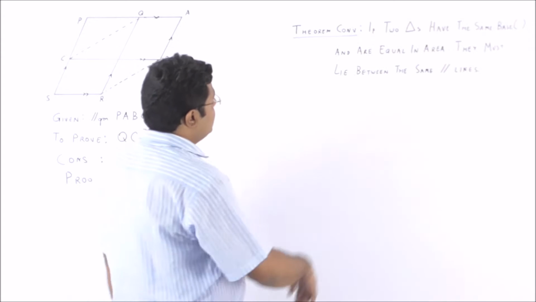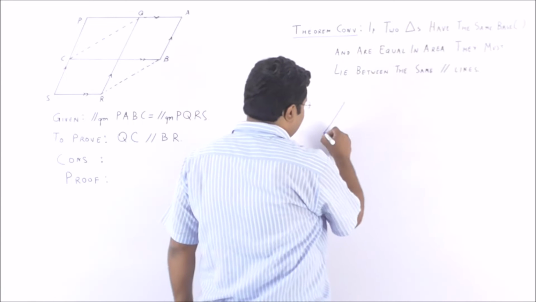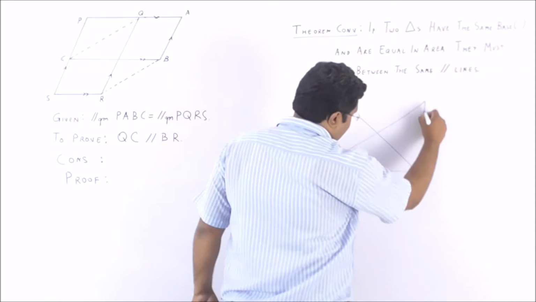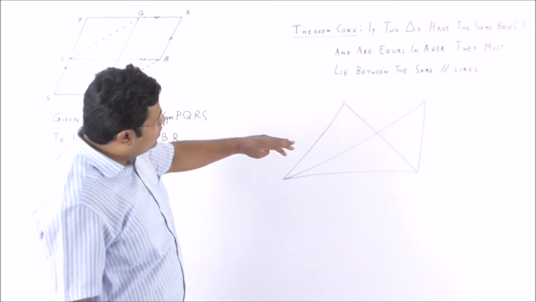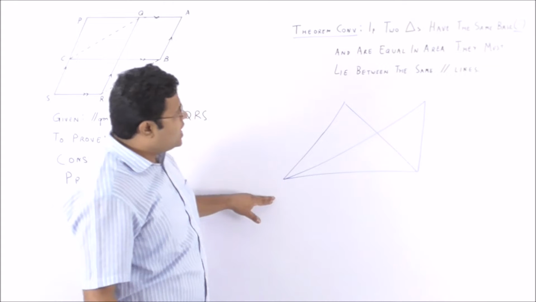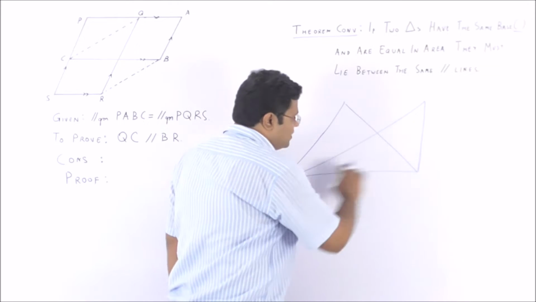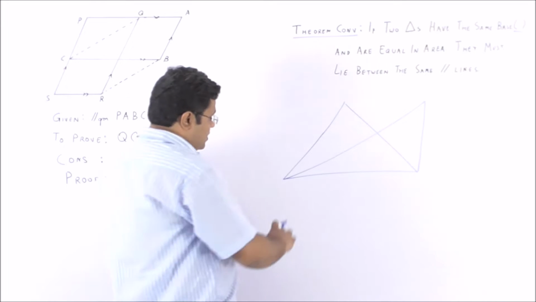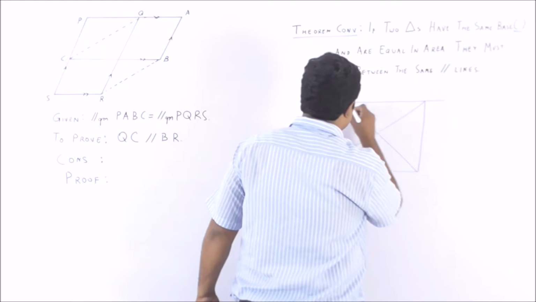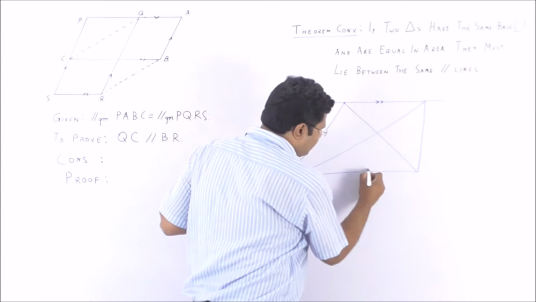This theorem says, if two triangles have the same base and their vertices are on the same side of the base, then the base and the two tips of the triangles must fall between parallel lines.